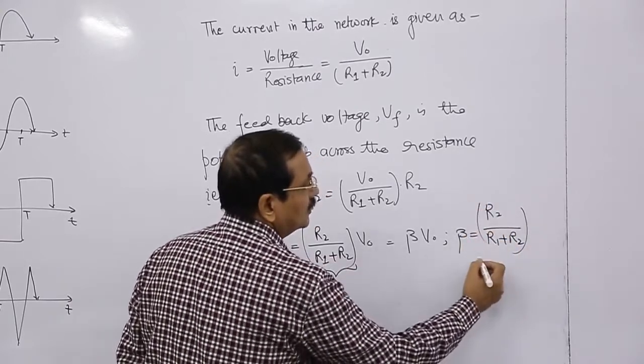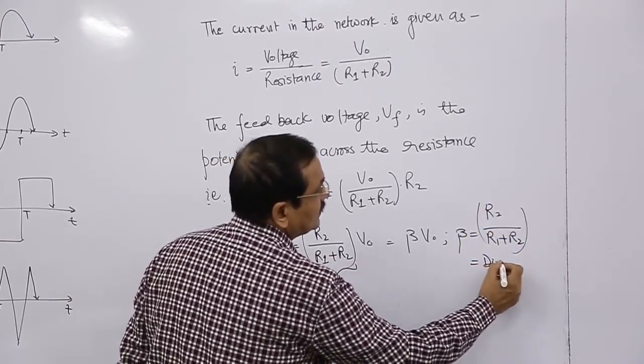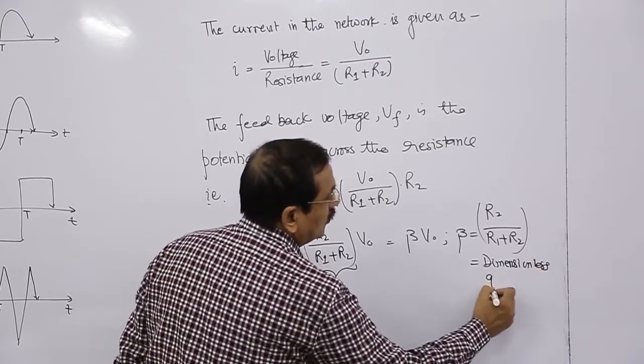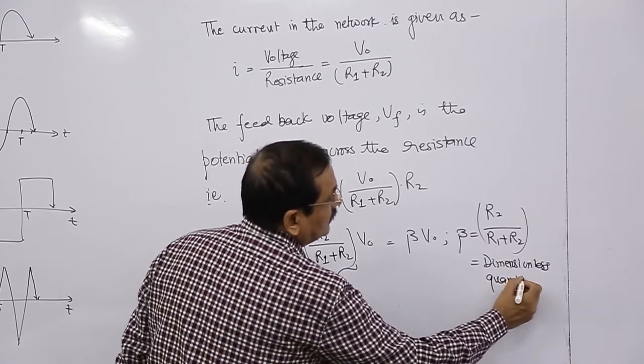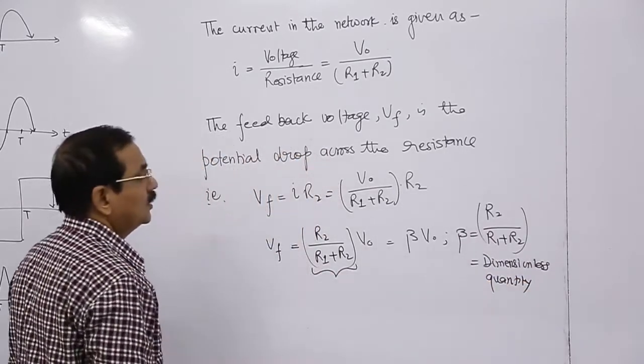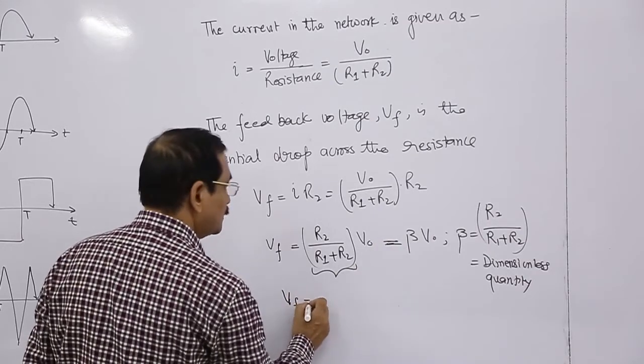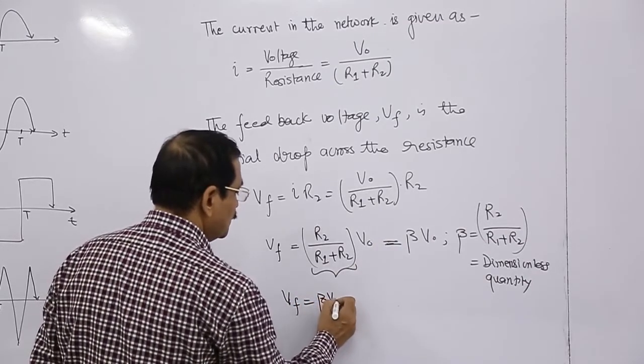This is a dimensionless quantity. So this value, that is Vf, is equal to beta V0.